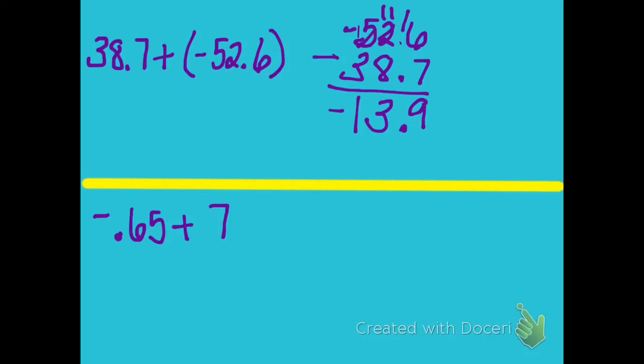This last one here is a decimal with a whole number. You still need to look at your rules. So these have different signs, so you're going to be subtracting. 0.65 is the smaller place value and 7 is the higher place value, so 7 is going to go on top. 7 doesn't have a decimal, so go ahead and add one.